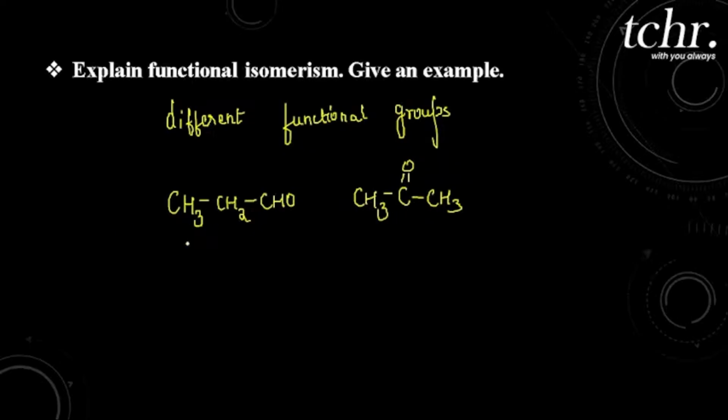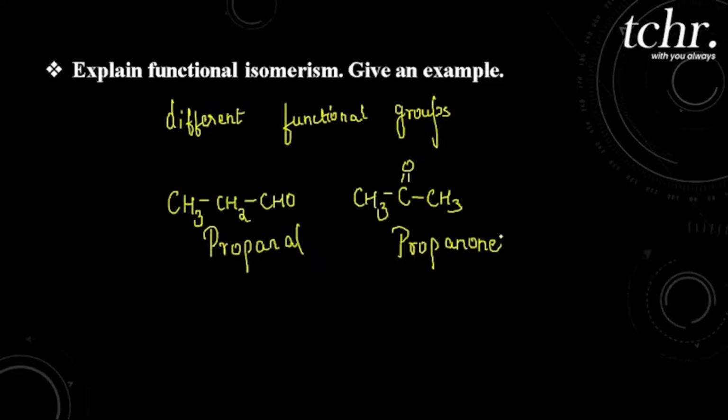Here it is propanal, correct? Aldehyde group is present, so it is propanal, right? Now what is this then? Which functional group is present? Ketone group. So you add the suffix one. So this is propanone. So students, one is aldehyde, propanal, and the other is ketone, propanone.